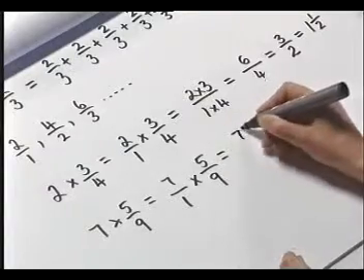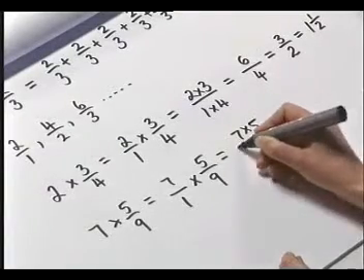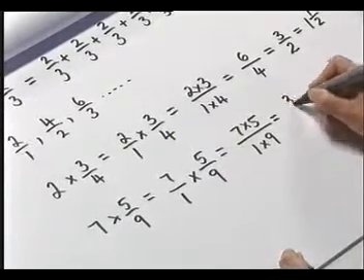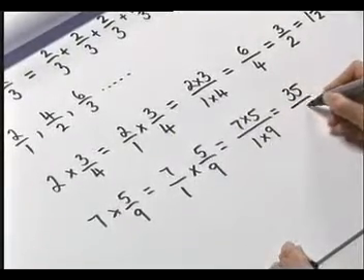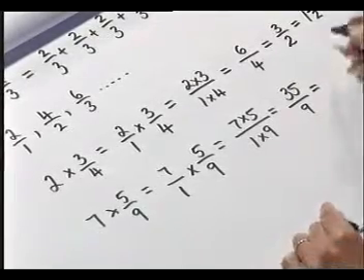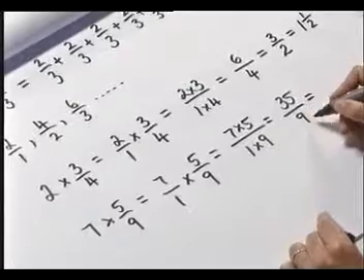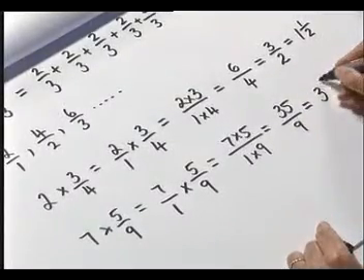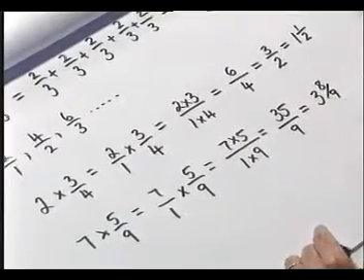So we've got 7 times 5 over 1 times 9. So we have 35 over 9, or as a mixed number, that's 3 and 8/9.